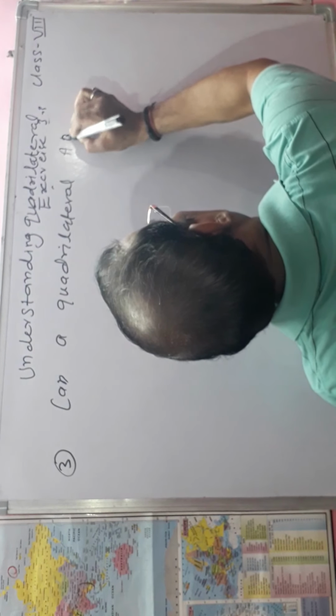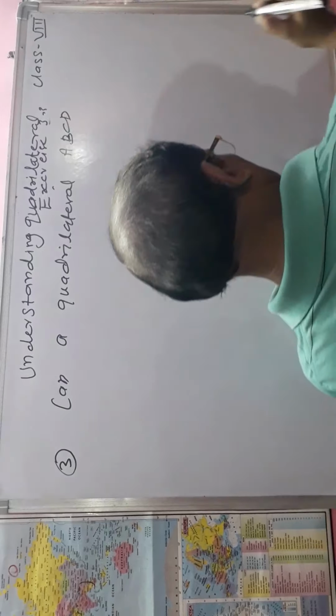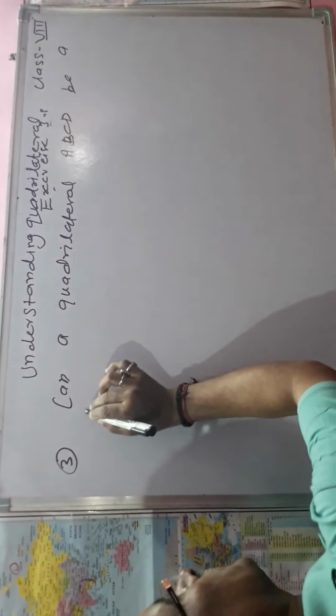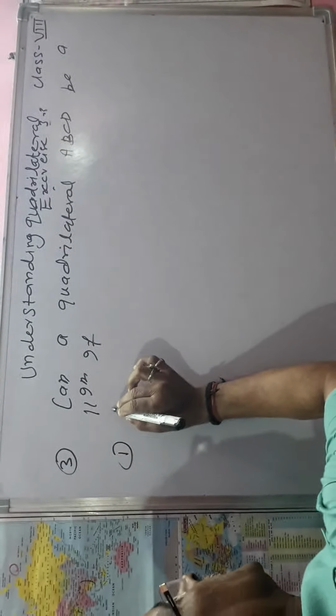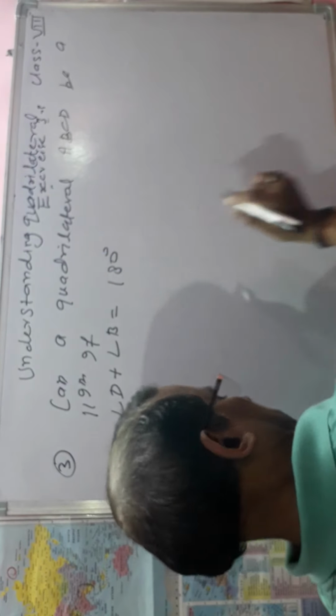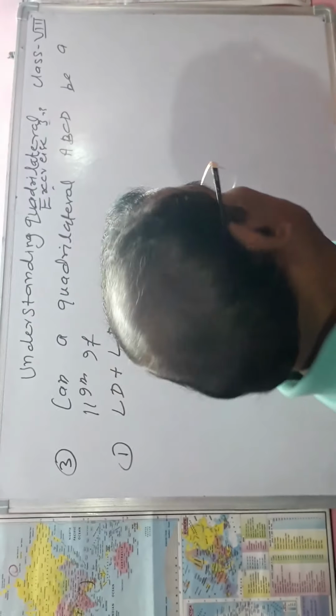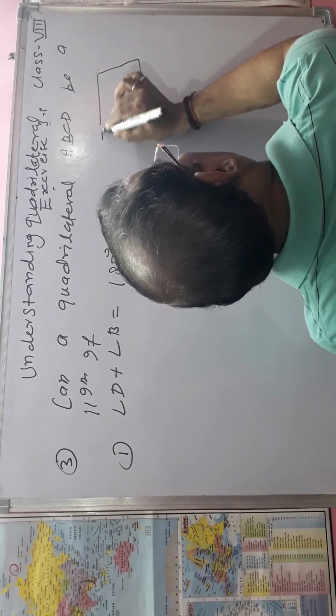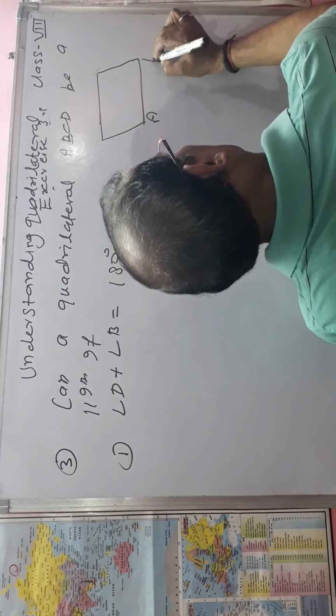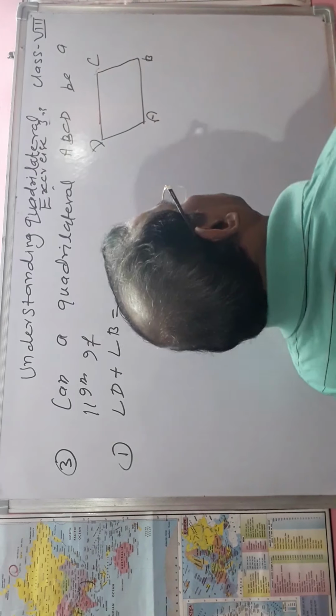Can a quadrilateral ABCD be a parallelogram if, number 1, angle D plus angle B is equal to 180? We have to draw a parallelogram here to see. Suppose ABCD is a parallelogram.